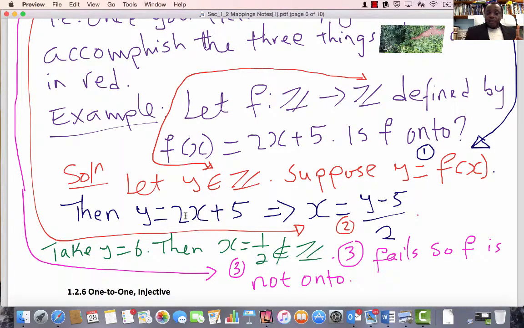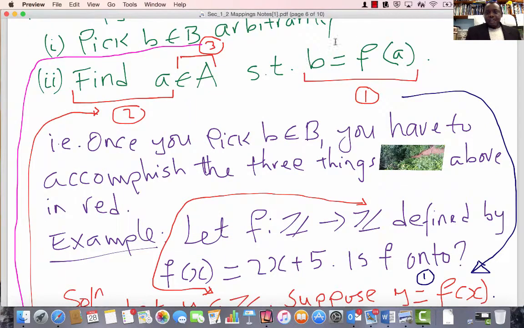It means y equals 2x plus 5 because f of x is defined as 2x plus 5. I solve for x. Remember, find a. That's the second thing. So I solve for x and I get x equals (y minus 5) divided by 2. That is my second point. So I have accomplished 1 and I have accomplished 2.